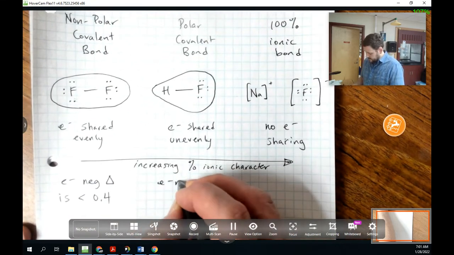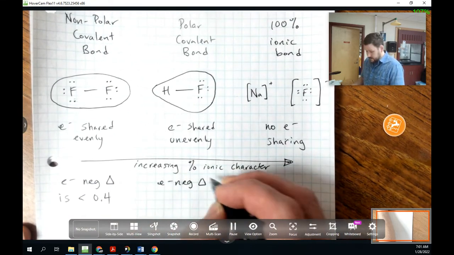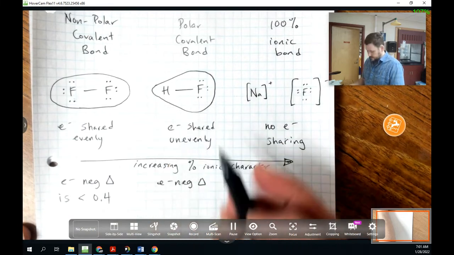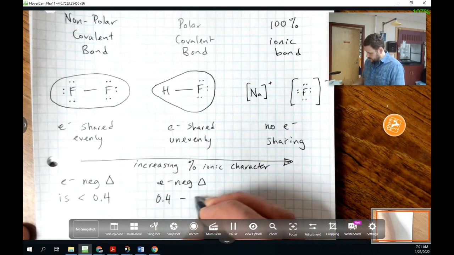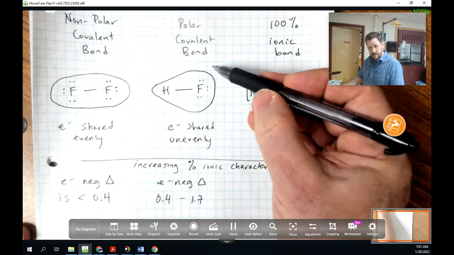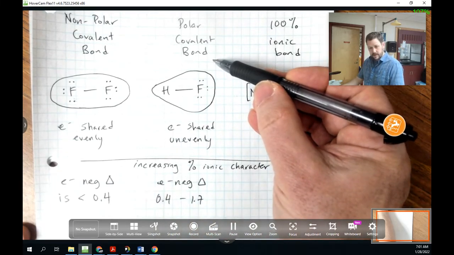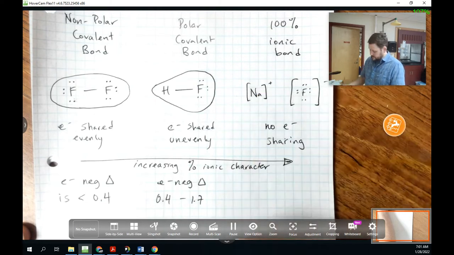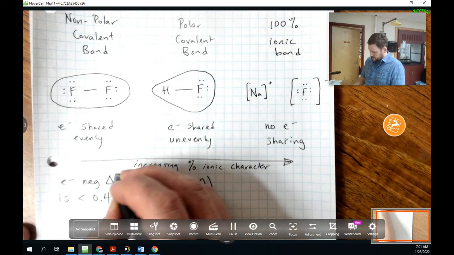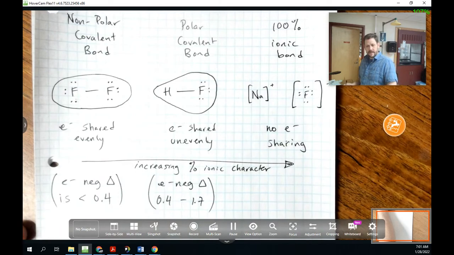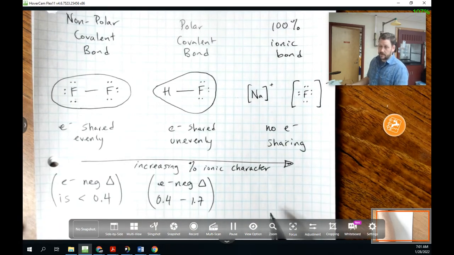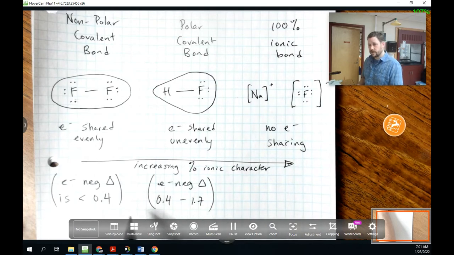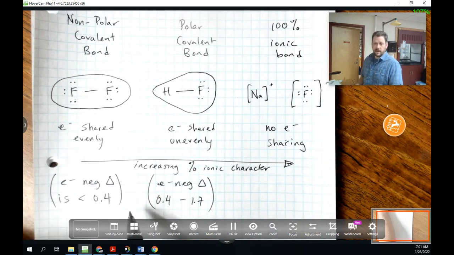If the electronegativity delta, the difference in electronegativity, is somewhere between 0.4 and 1.7, we'd consider it to still be a covalent bond, but we consider it to be a polar covalent bond. And that's just the range where we say, yeah, it's not ionic, it's not greater than 1.7, and it's really polar, though it's not nonpolar.